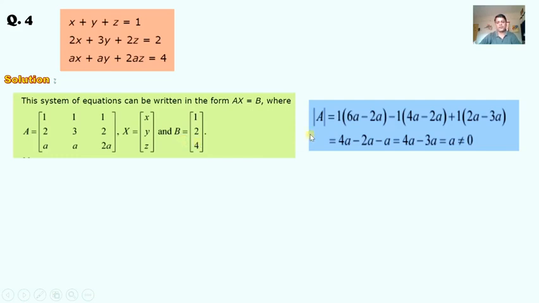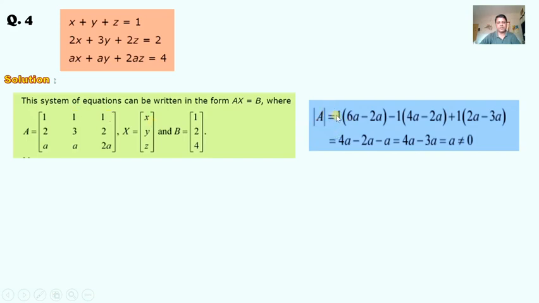So now the determinant of this matrix will decide whether a system of equations has a unique solution or infinite, meaning consistent or inconsistent. For that we are going to find the determinant of A, expanding through R1, with signs plus, minus, plus.